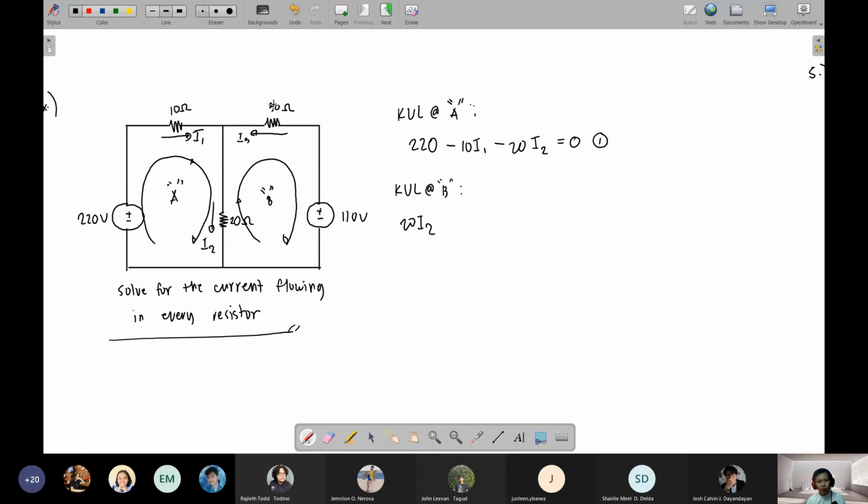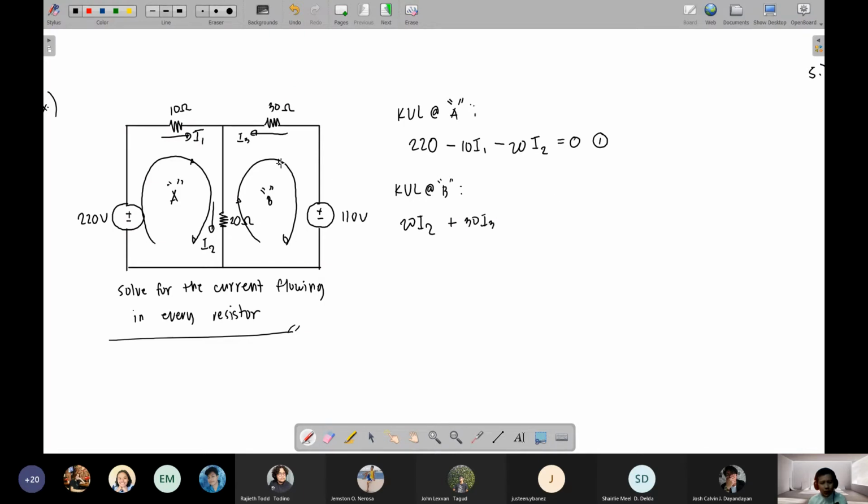Then the loop goes through the 30 ohm resistor. The moment loop B flows through the 30 ohm resistor, its direction is going to the right, but I3's direction is going to the left. Again, opposite direction, so this will be positive: plus 30 I3.